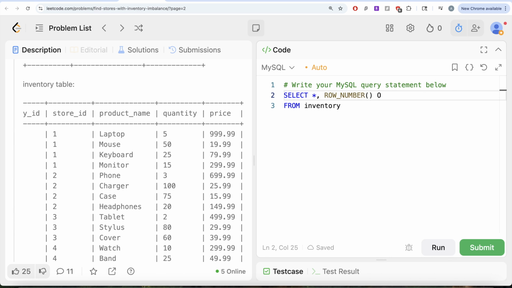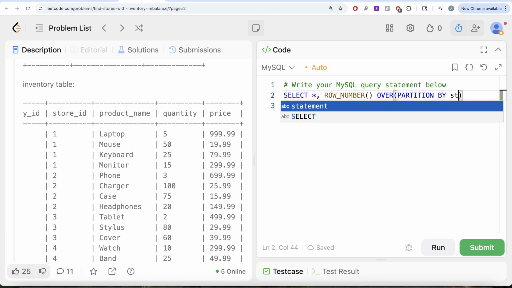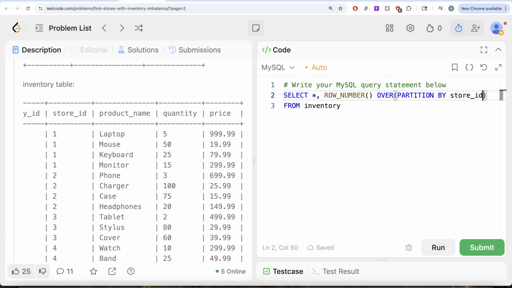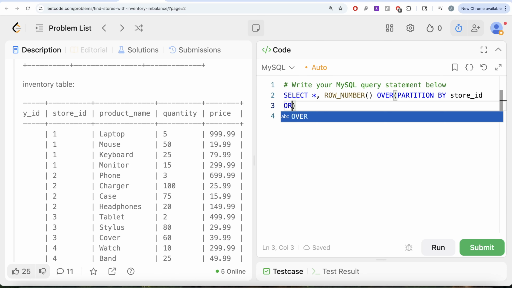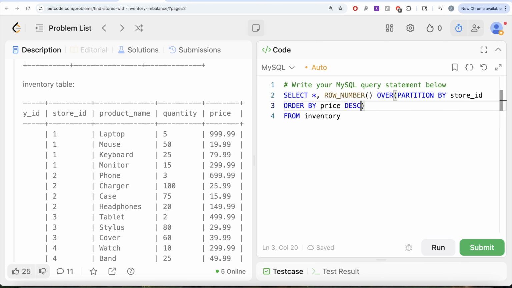Since this is a window function, you need to write over clause, and we need it for every store ID. What's the maximum price product and minimum price product? So partition by the store ID, and then let us order by the price in descending manner, and this is going to give us the expensive rank.